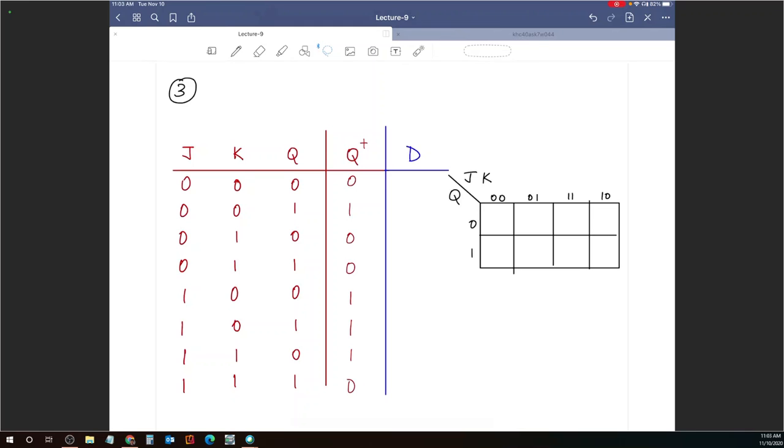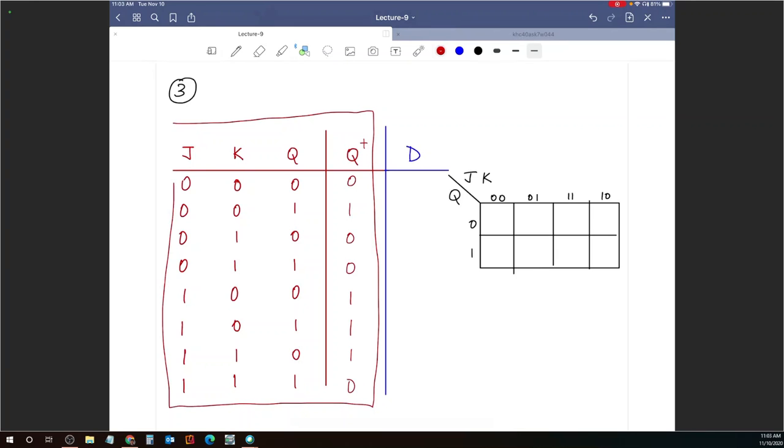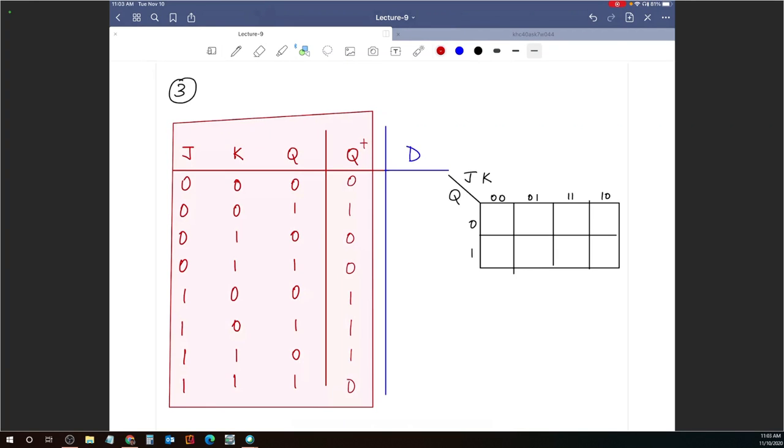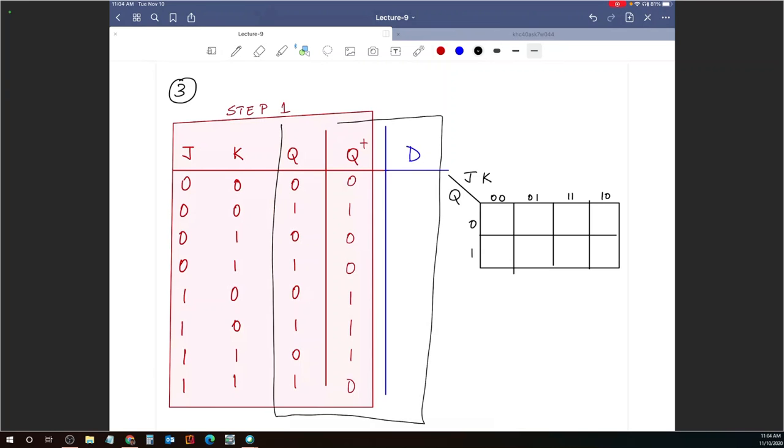Maybe this will help if I can box this up as step 1. Now step 2 is going to be kind of an overlap. So step 2 is going to be from here to here.